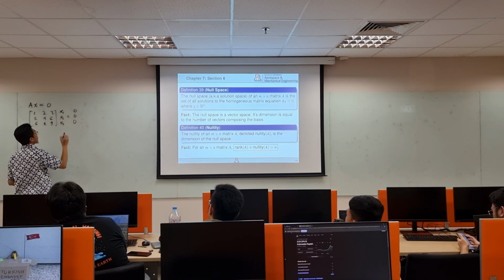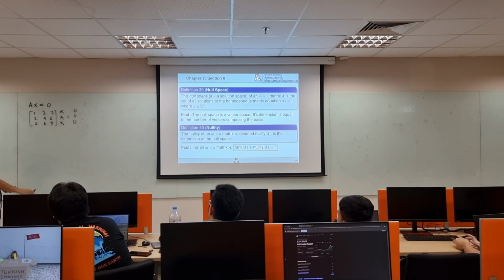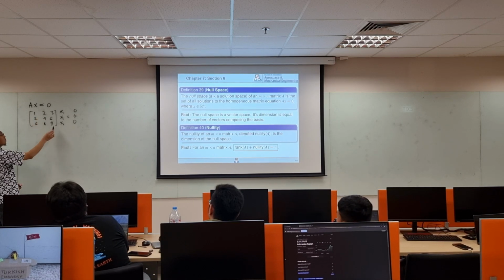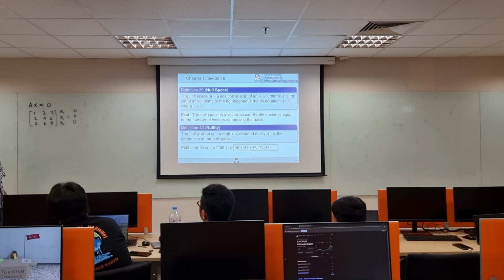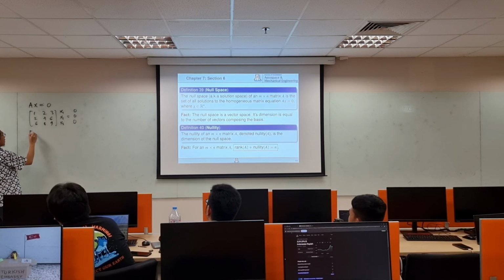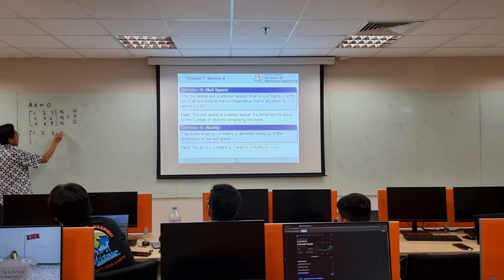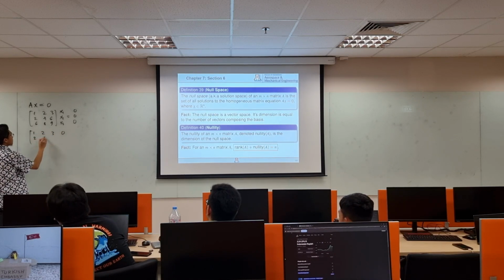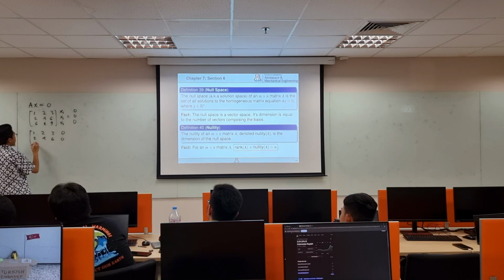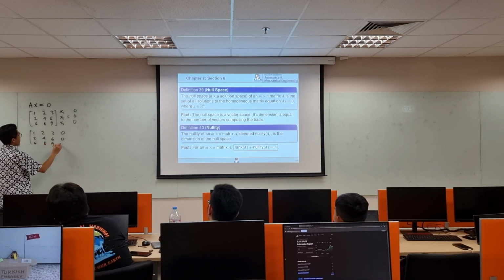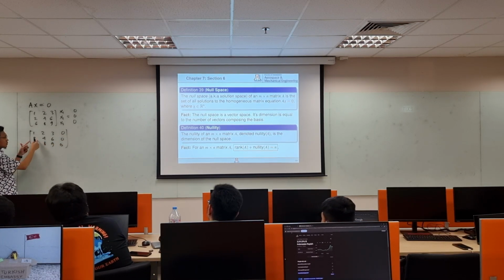Row 2 is dependent on row 1, and row 3 is also dependent on row 1. So how do we get the solution space? You augment the matrix first, and then you try to eliminate the second row and the third row.